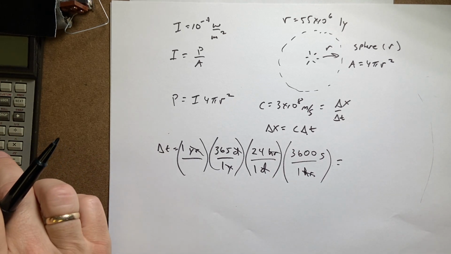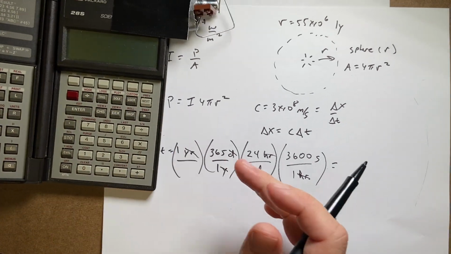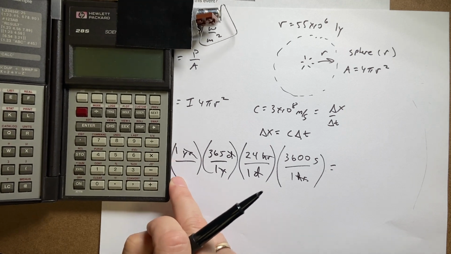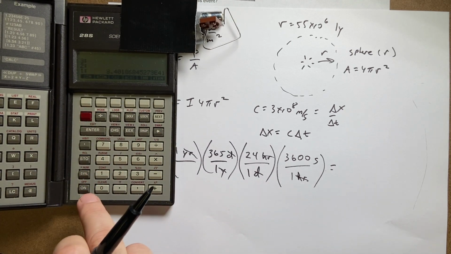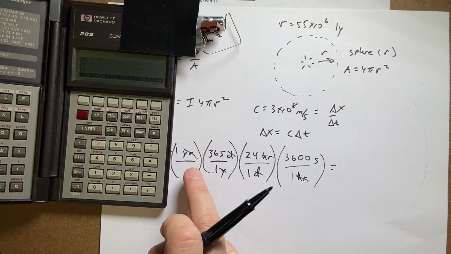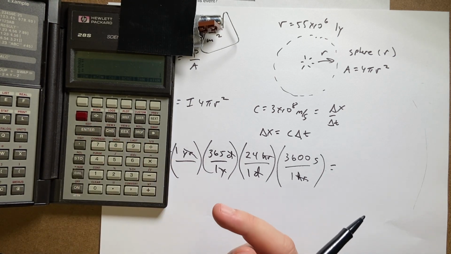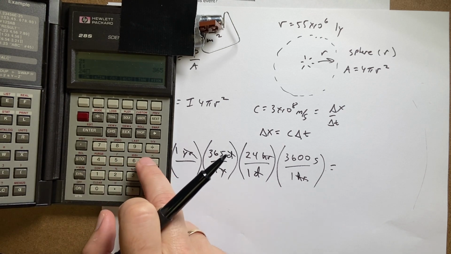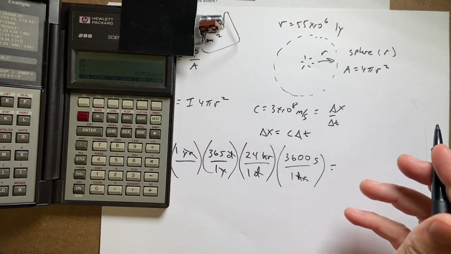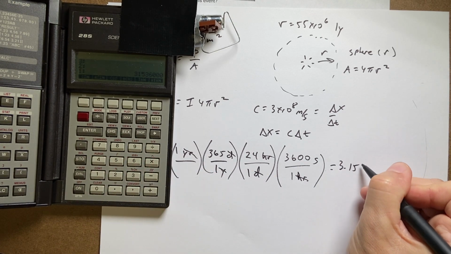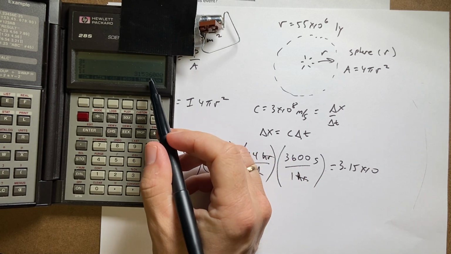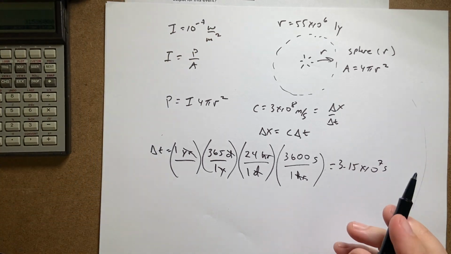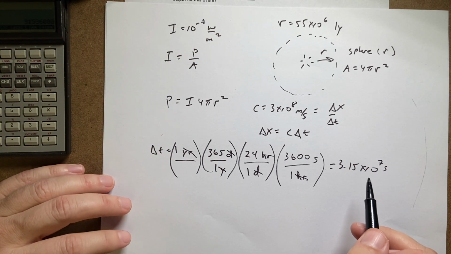Now I can pull out my calculator. 365 times 24 times 3,600, and I get 3.15 times 10 to the 7th seconds. So that's the time for 1 year in seconds.